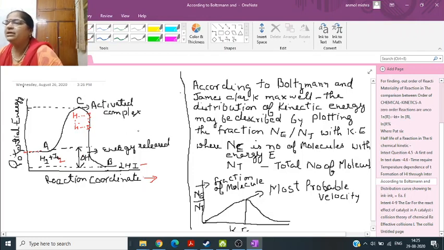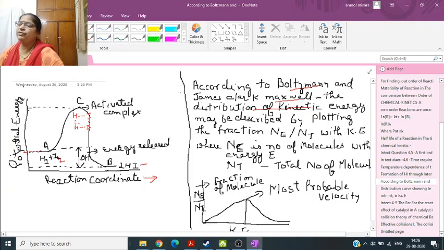There were scientists called Boltzmann and Clark Maxwell. They gave a distribution of kinetic energy, and they described it by plotting a graph of Ne by Nt. Ne is the number of molecules which, when they collide with each other, convert into product and have the activation energy Ea, whereas Nt is the total number of molecules.